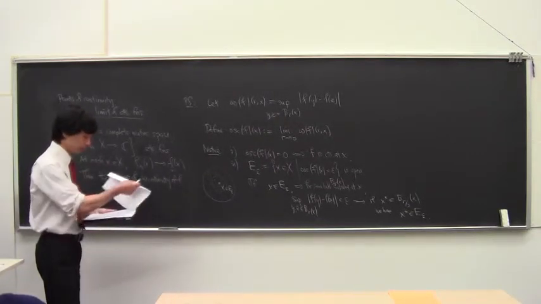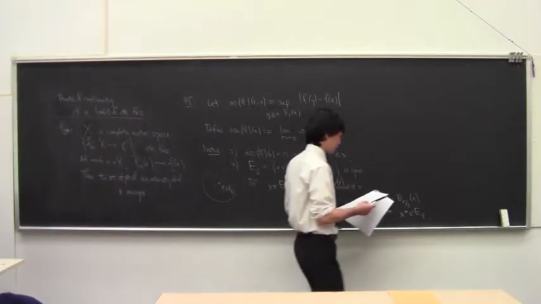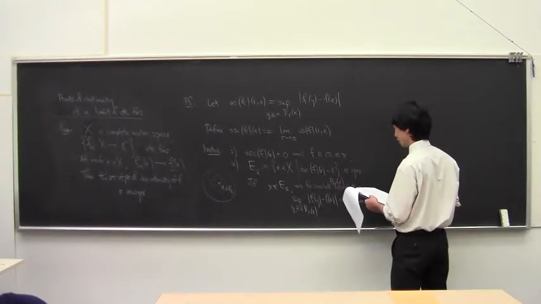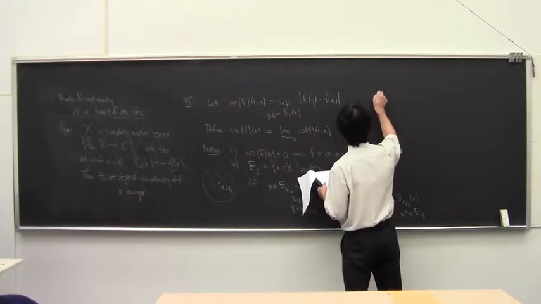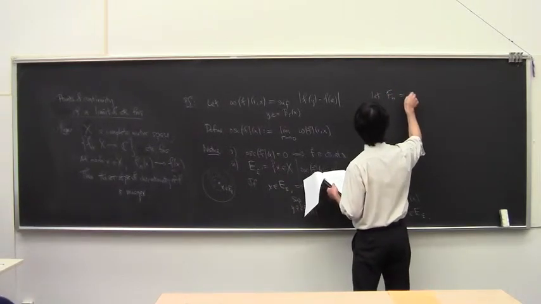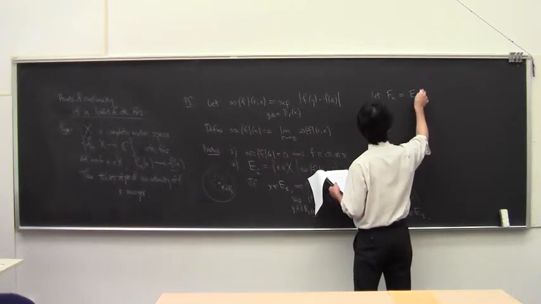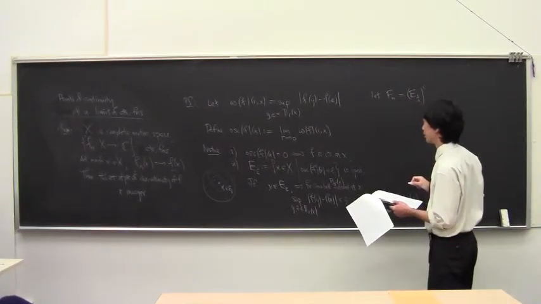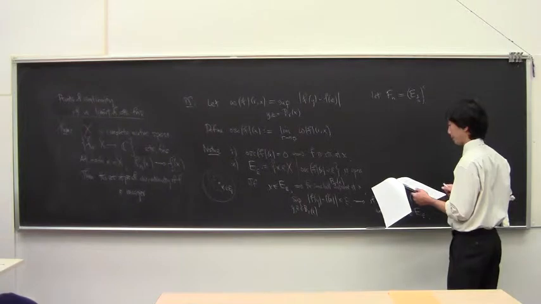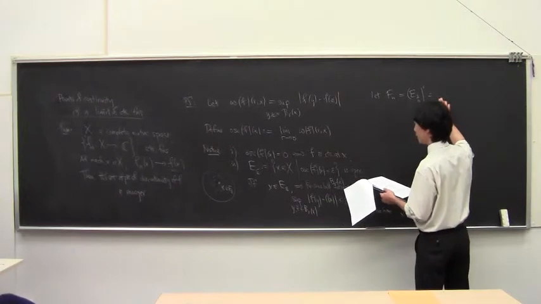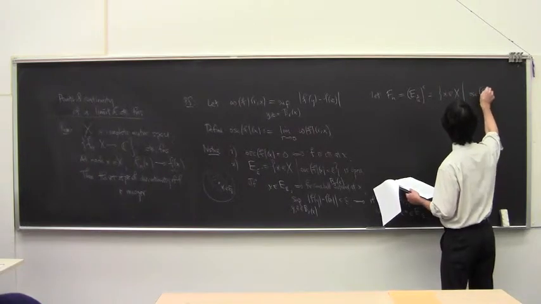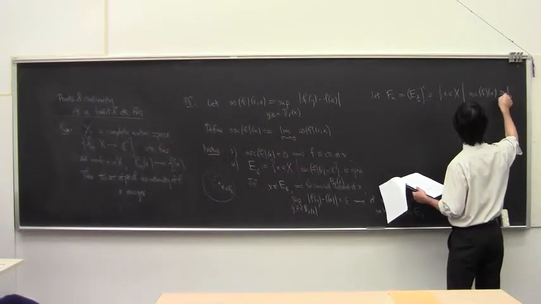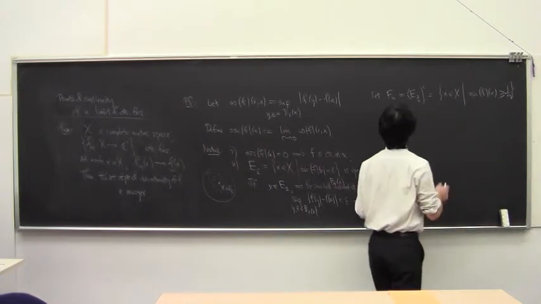So what we'll do is let F sub n be E sub 1/n complement. That is, it's going to be the set of points where the oscillation of f is bigger than or equal to 1/n.